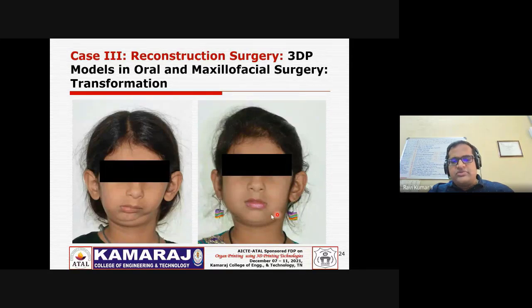You can see this is before the surgery, and this is the transformation that has happened now. You can see there is a distractor here, and certainly an improvement, but you may wonder why there is still some abnormality. The bone growth will continue up to the teenage years, and it has been overcorrected for now.